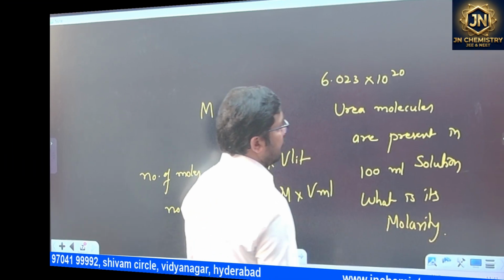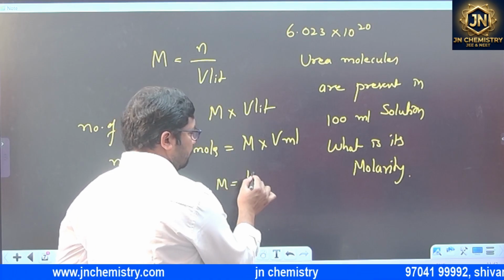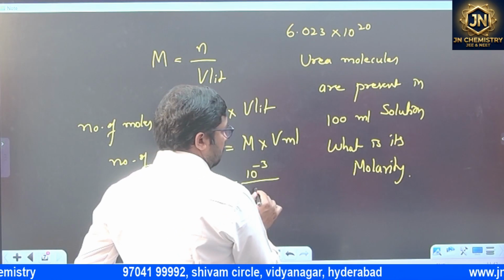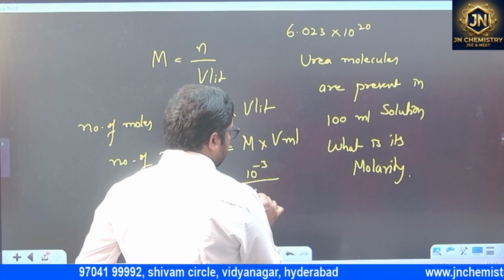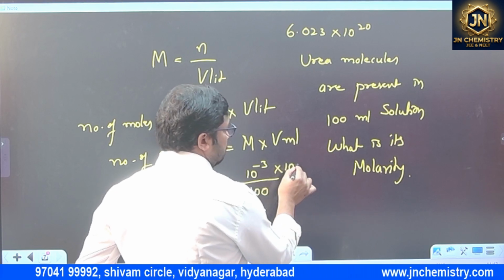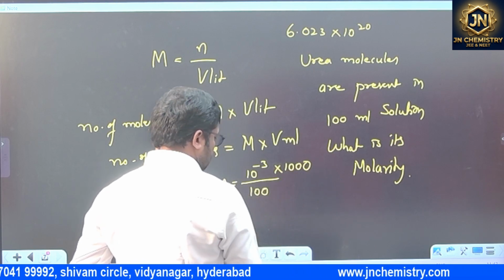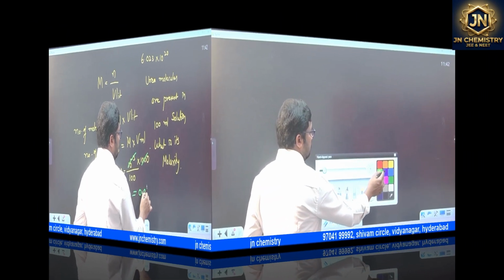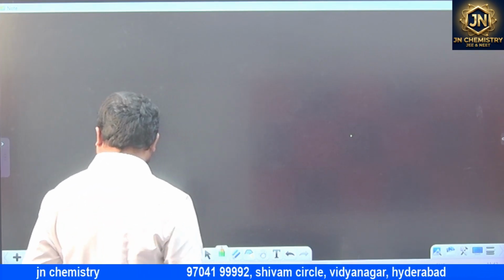What is its molarity? Molarity is equal to number of moles, 10 to the power of minus 3, by 100 into 1000. Right? This will cancel. 0.01. So like this we will do molarity questions.